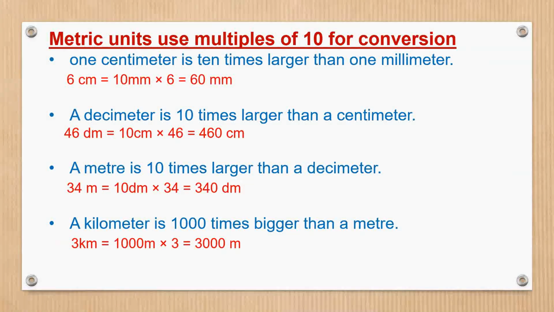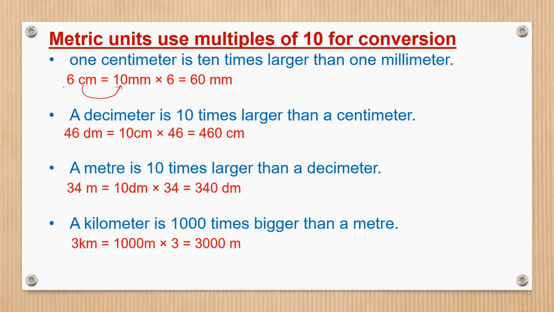Metric units are multiples of 10 for conversion. So we can see some more applications of this metric system. For example, 1 centimeter is equal to 10 millimeters.